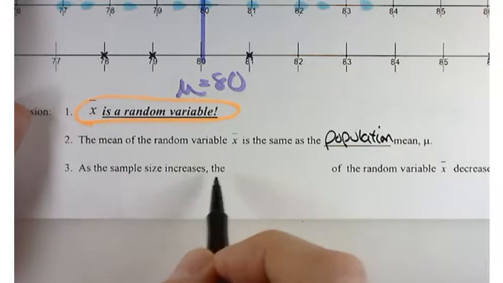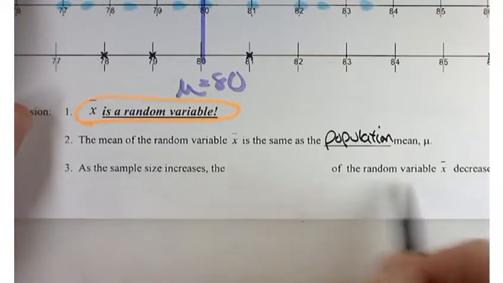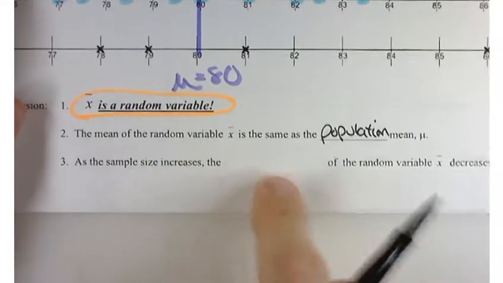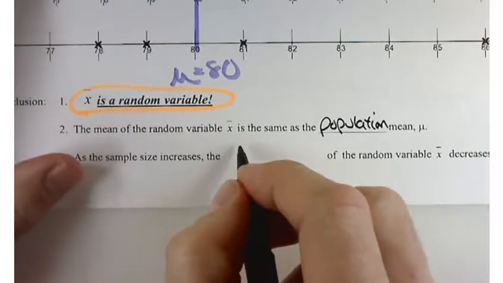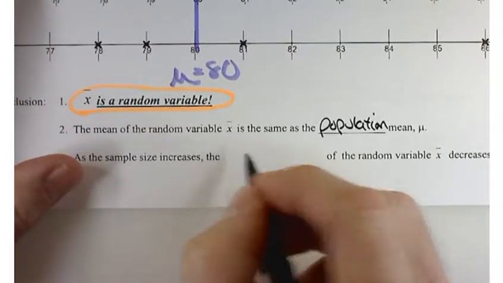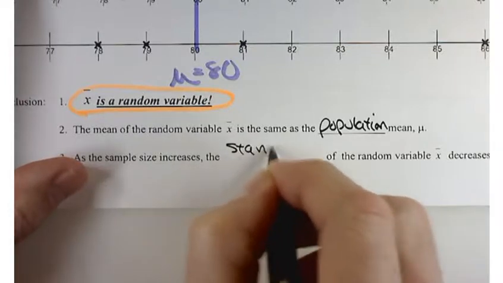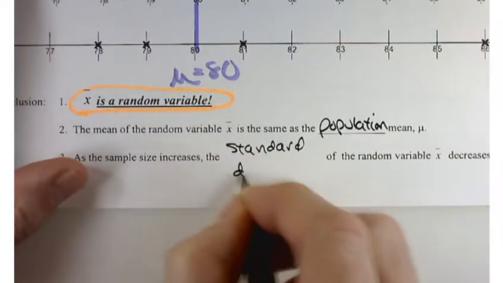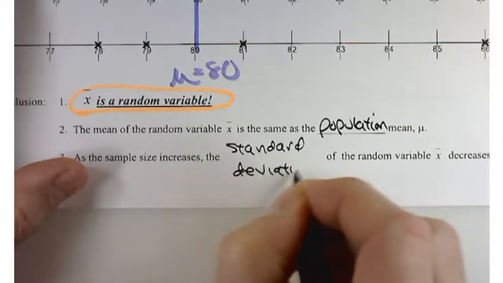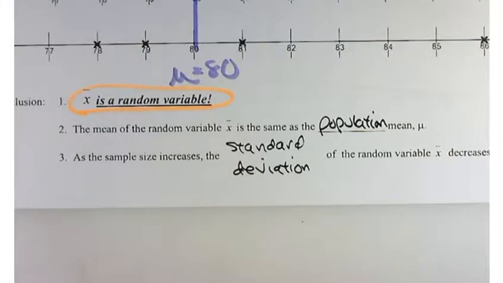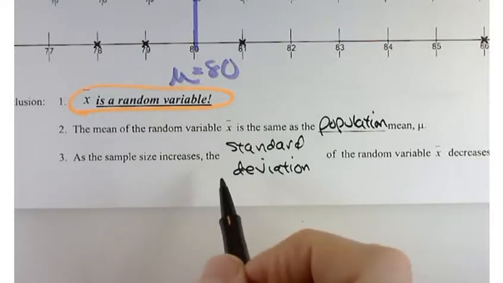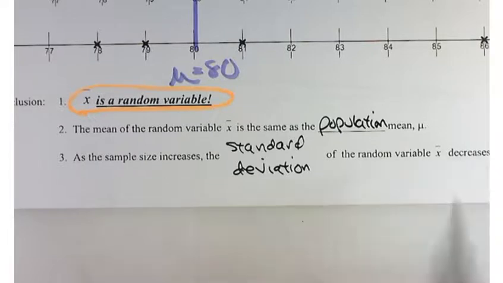As the sample size increases, the blank of the random variable decreases. What can I put in here? Variance or standard deviation. So either one. Standard deviation. So as you increase the sample size, the standard deviation of x bar decreases.